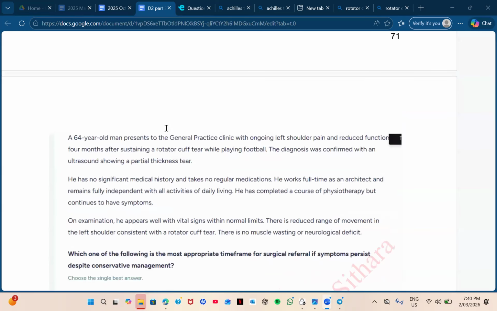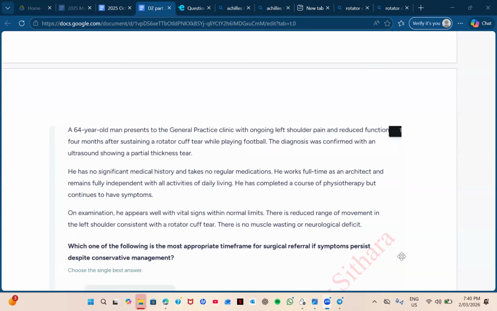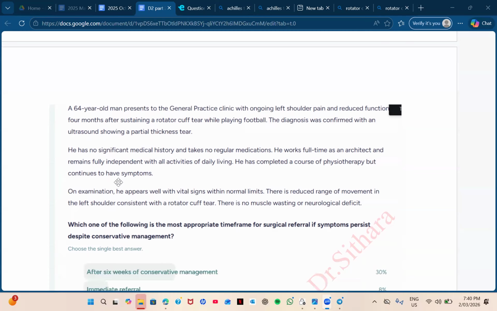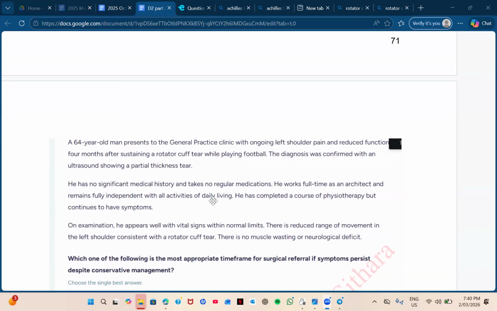Okay, this is a 64-year-old man presenting to the GP practice clinic with ongoing shoulder pain and reduced function for 4 months after sustaining a rotator cuff tear while playing football. The diagnosis was confirmed with an ultrasound showing a partial thickness tear. He has no significant medical history and takes no regular medications.